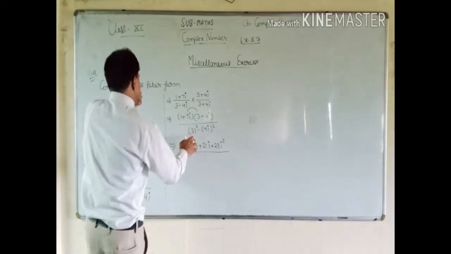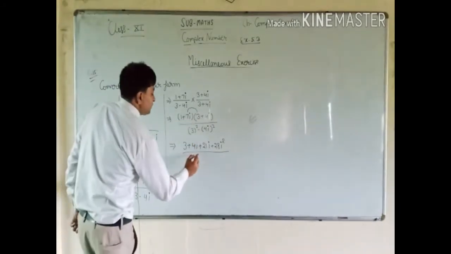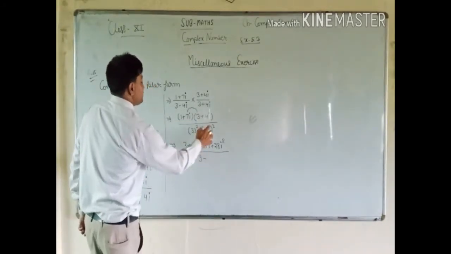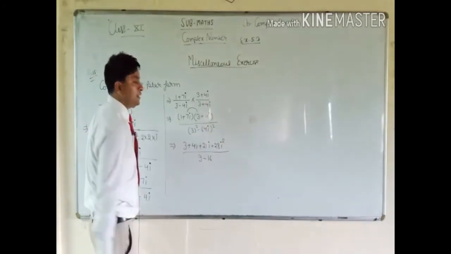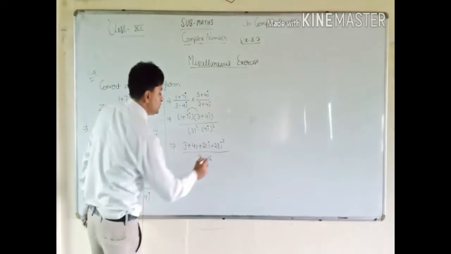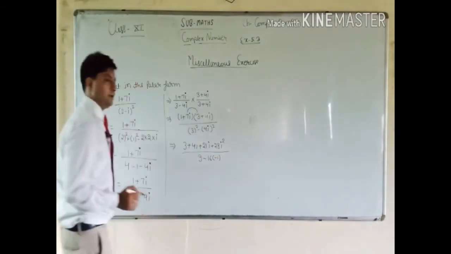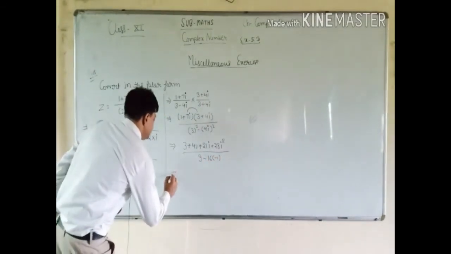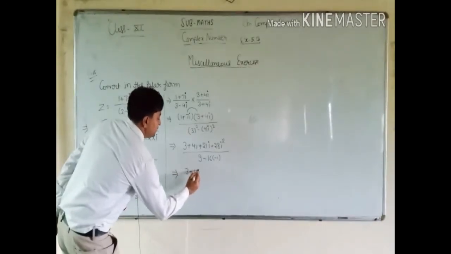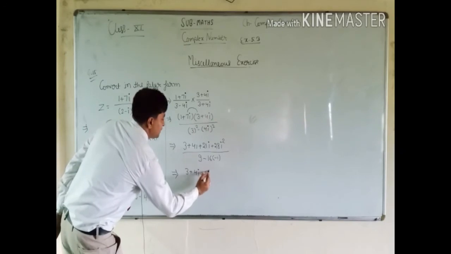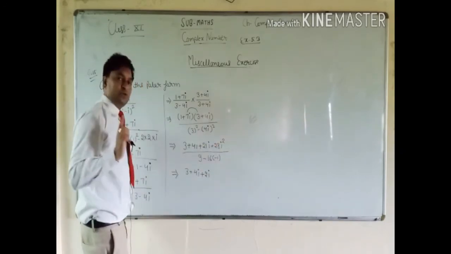We know that 3² is equal to 9, 4² is equal to 16, and this is i², and i² is equal to −1. Now this is 3 + 4i + 21i. i² is equal to −1.